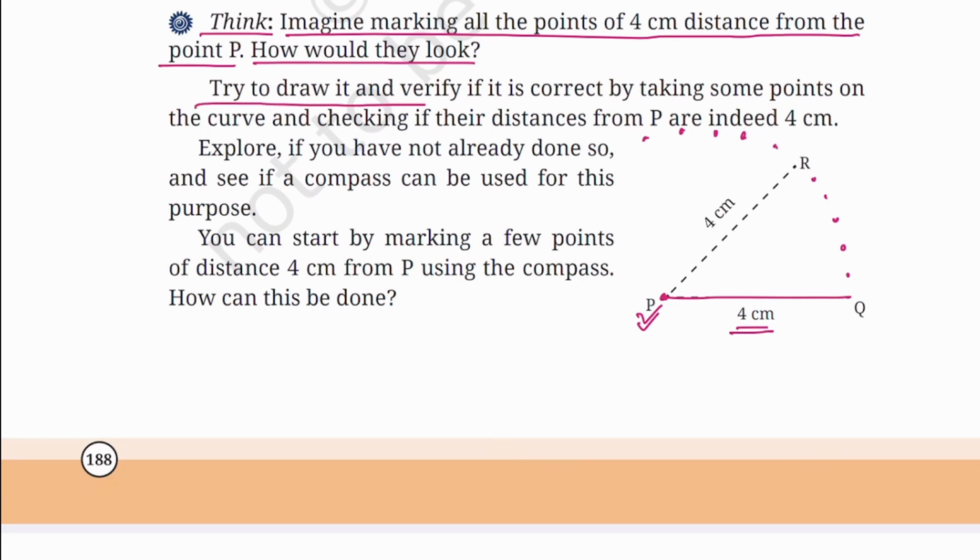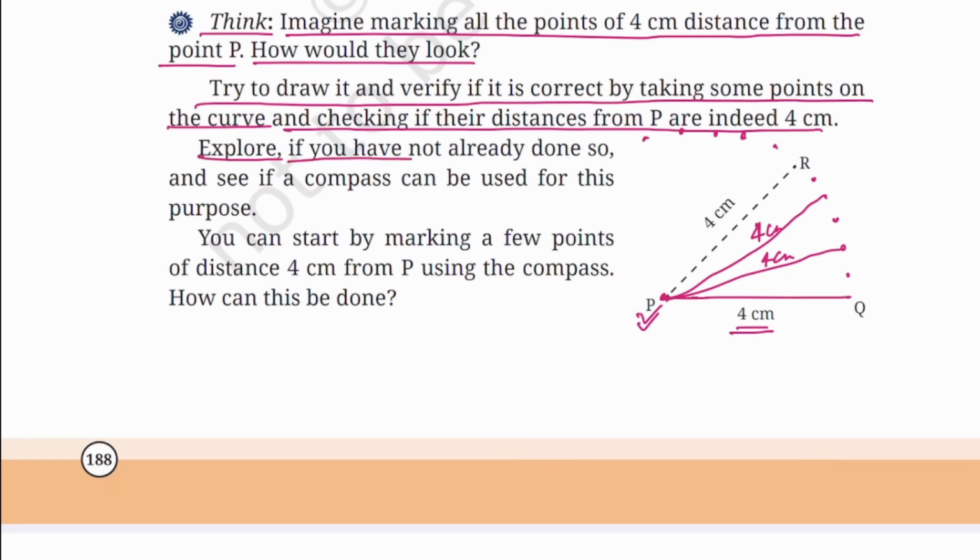Try to draw it and verify if it is correct by taking some points on the curve and checking if their distances from P are indeed 4 cm. All the points on the circle will be at a distance of 4 cm.